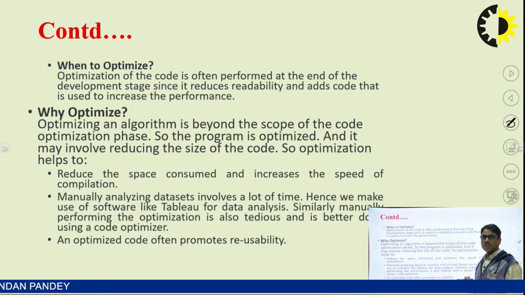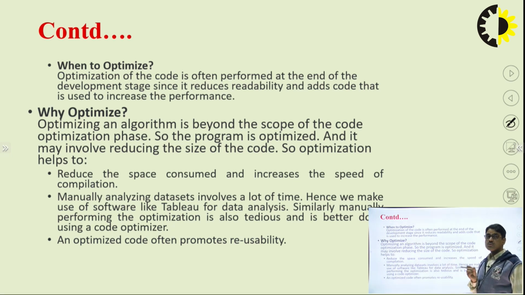You have to focus only on the optimization process, because anything more will consume time and affect the optimization process. It is the optimization process which improves the code, and after that you generate the target code.